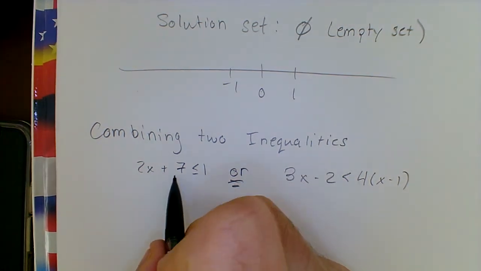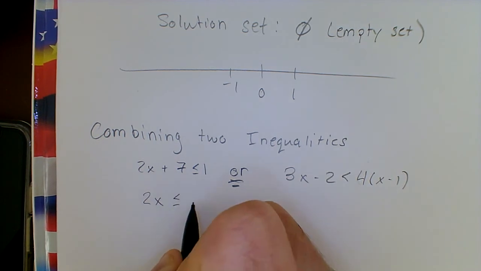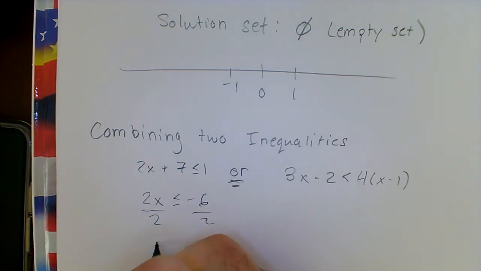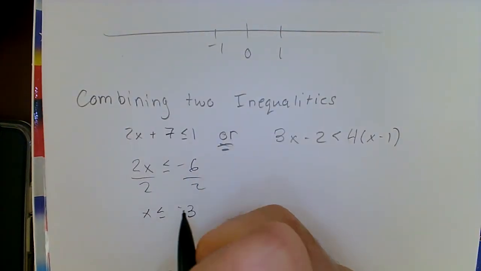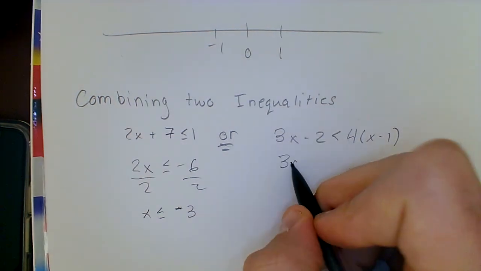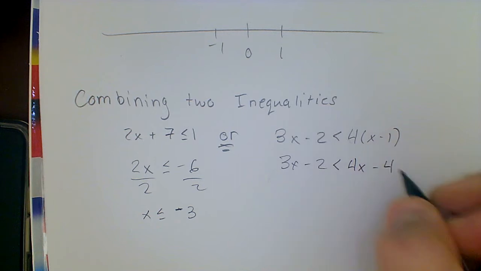For the first one, you're going to subtract 7 from both sides. So 2x is less than or equal to negative 6. Then we can divide by positive 2, so we get x is less than or equal to negative 3. For the second one, we first distribute. So it's 3x minus 2 less than 4x minus 4.